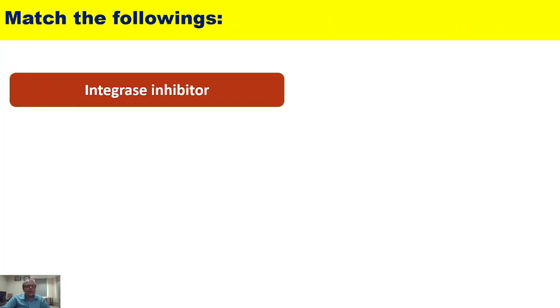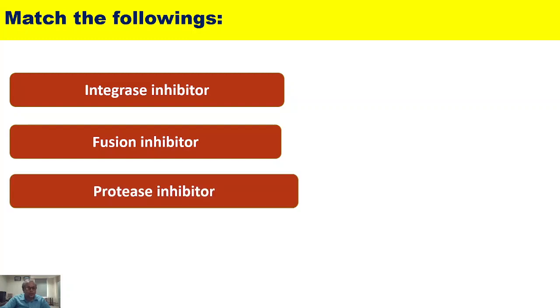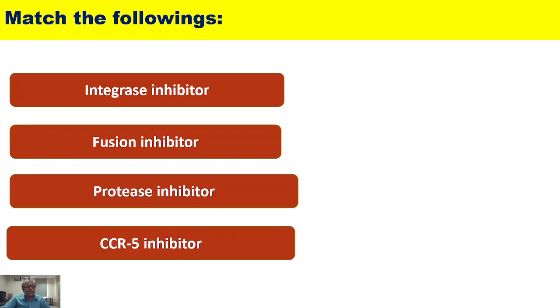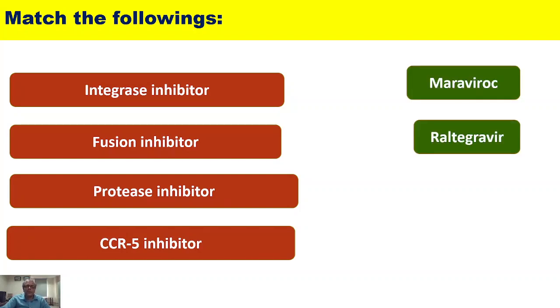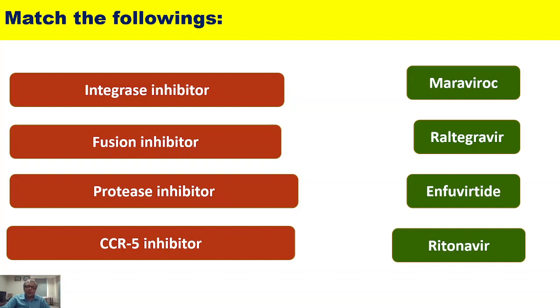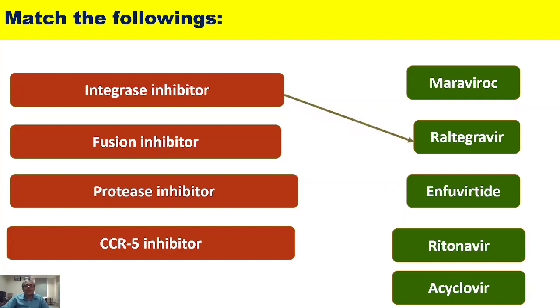Now match the following. Here the different classes of anti-HIV drugs are given: integrase inhibitor, fusion inhibitor, protease inhibitor and CCR5 inhibitor, and the options available are maraviroc, raltegravir, enfuvirtide, ritonavir and acyclovir. Integrase inhibitor, the first agent developed in this group, is raltegravir.